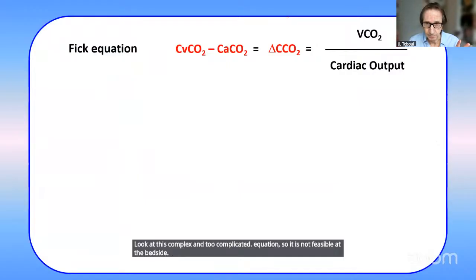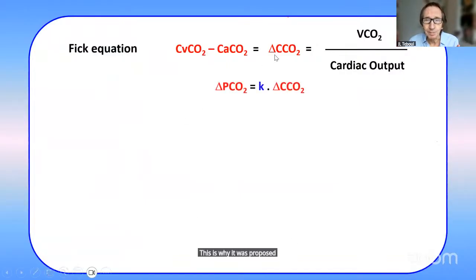This is why it was proposed to replace the CO2 content gap by the PCO2 gap, delta PCO2, which could equal K, which is a factor, times the change in CO2 content gap.